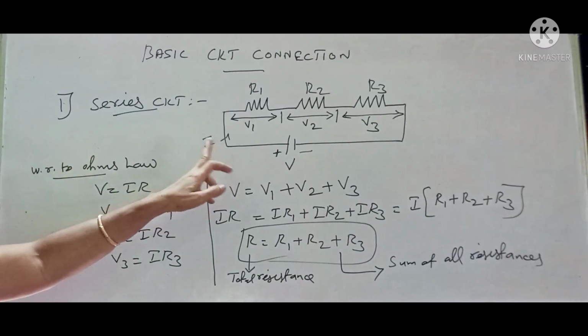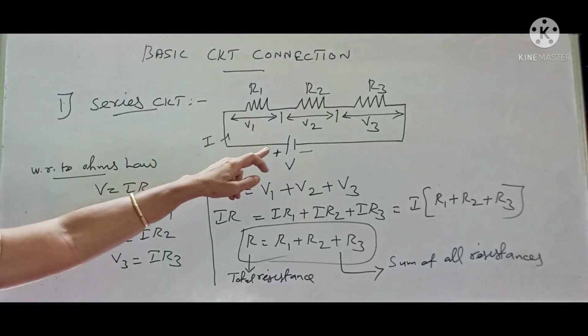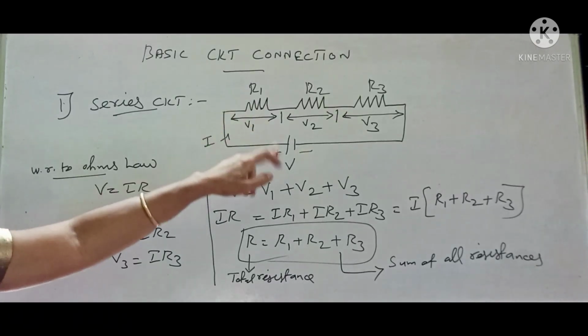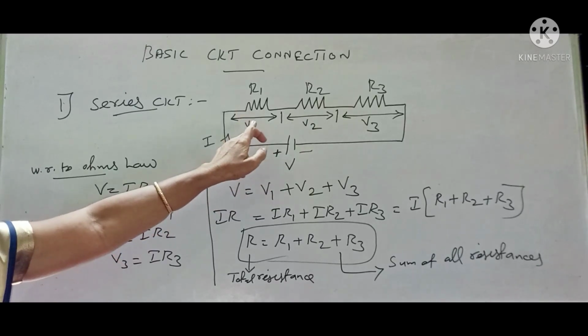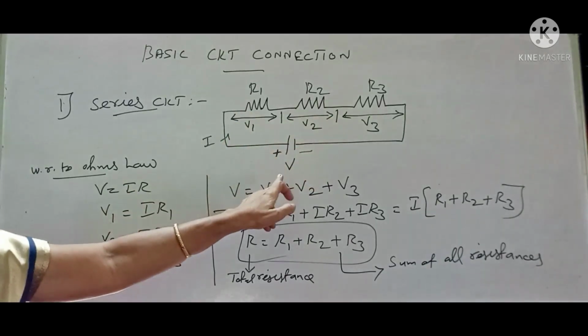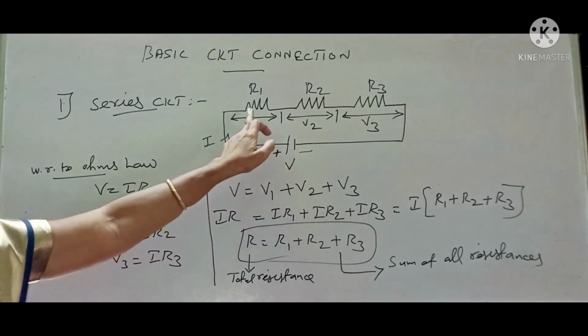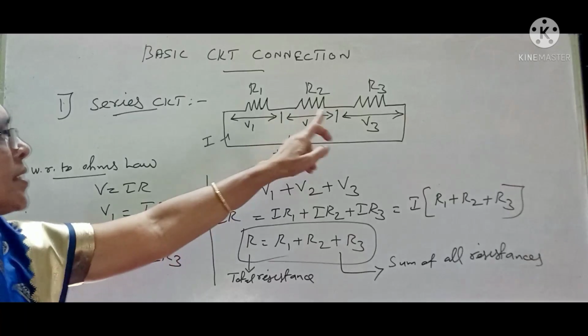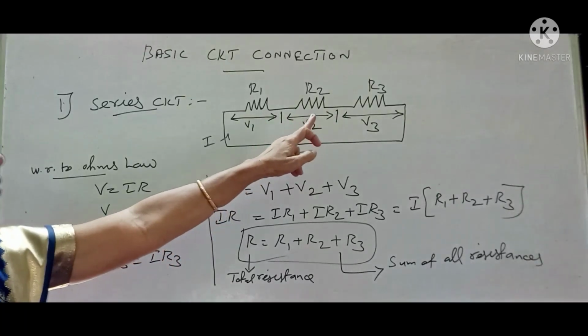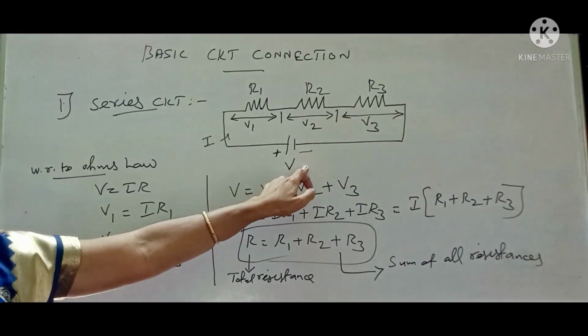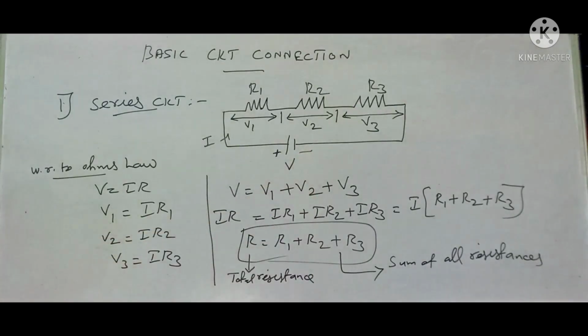Here the circuit has three basic components: three resistors R1, R2, R3 connected in series to the supply voltage V. Series connection means the components are connected one by one to the supply battery.